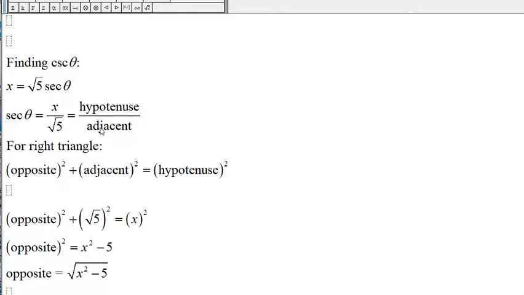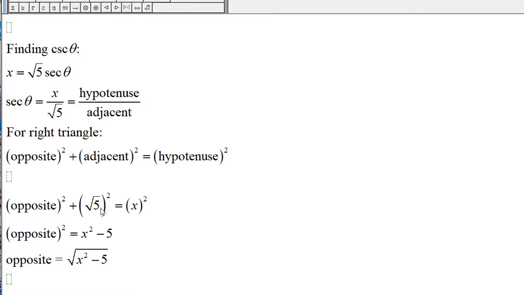Square root of 5 squared is 5. And so we get the opposite side squared is equal to x squared minus 5. Take the square root of both sides, we get the opposite side to be the square root of x squared minus 5.